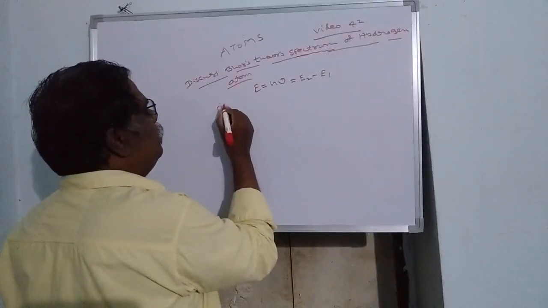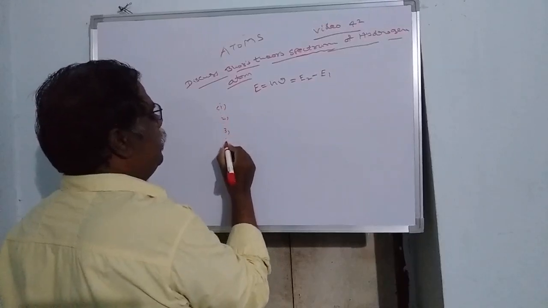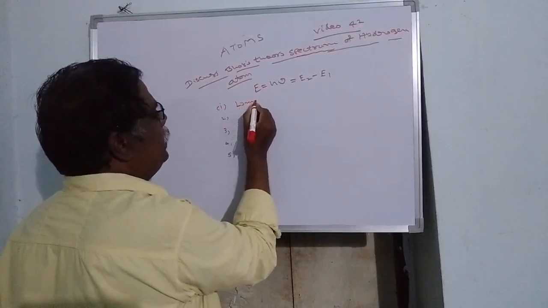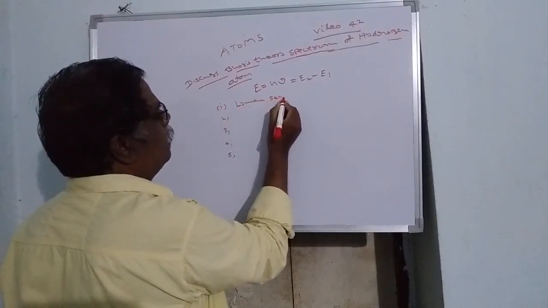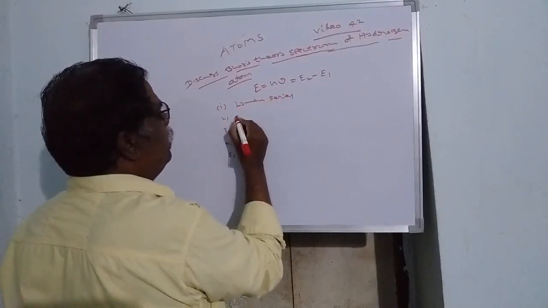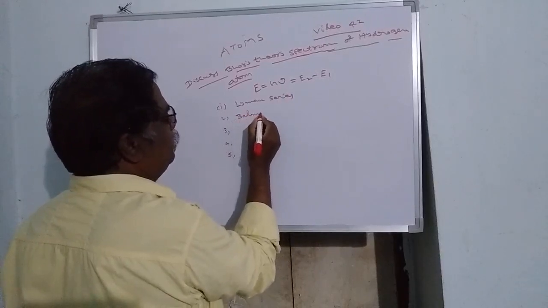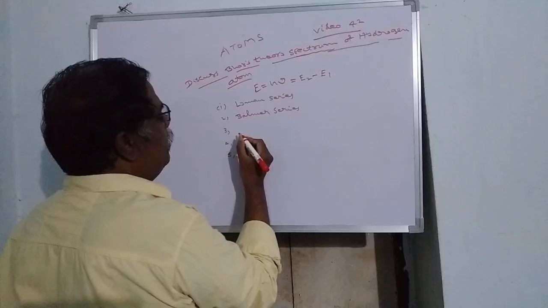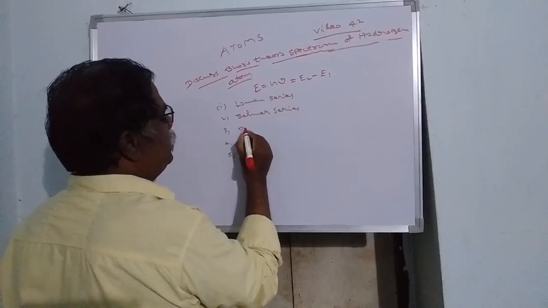There are 5 series totally in the hydrogen spectral series. The first one, Lyman series. Next one is Balmer series. Third one is the Paschen series.